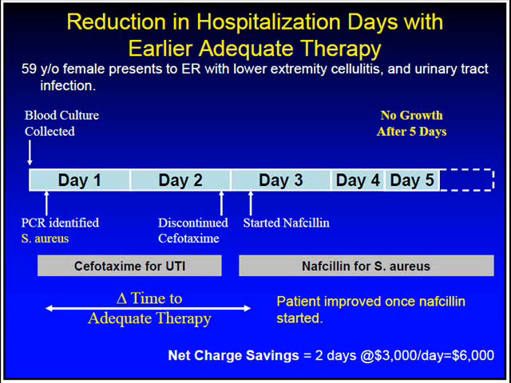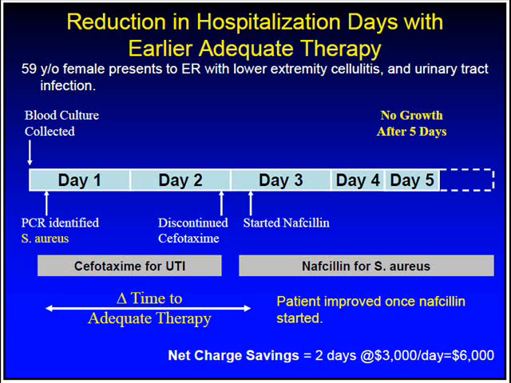Patient initially was treated with cefotaxime for her urinary tract infection and cellulitis. She was subsequently discontinued from cefotaxime when her UTI, urinary tract infection, resolved. However, her cellulitis did not resolve. She was then started on hospital day 3 with nafcillin. Her cellulitis resolved on nafcillin treatment.